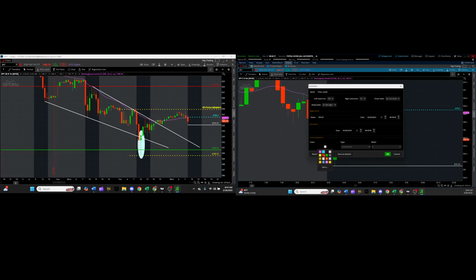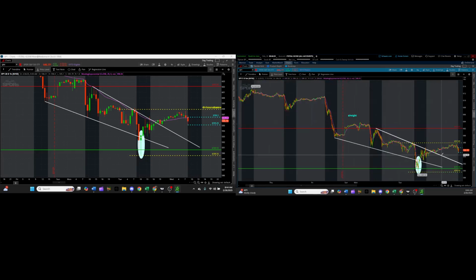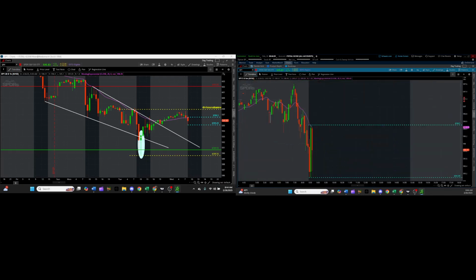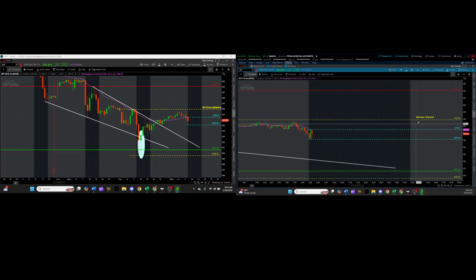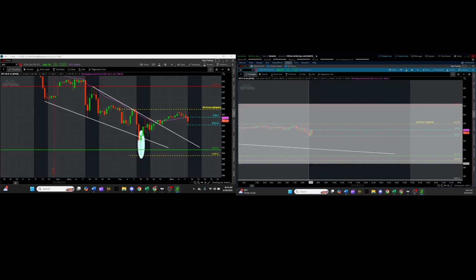It's a series of trading ranges, a puzzle within a puzzle, a maze within a maze type thing. Eventually it'll break. Somebody's got to win this battle.